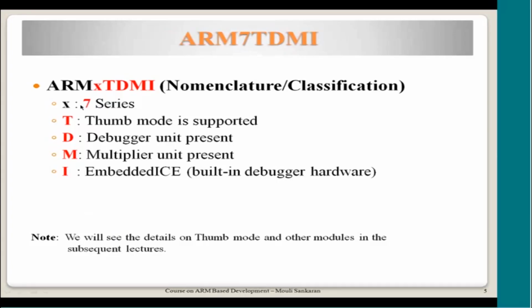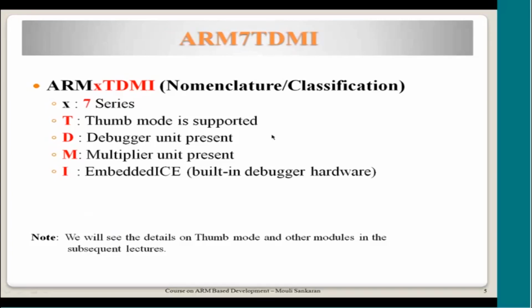7 is one series of instruction set architecture that ARM has come up with. ARM started with 1, and what we are studying now is the 7th series in the instruction set architecture of ARM. And T means that it supports Thumb mode. As I have mentioned briefly in the earlier discussion, Thumb mode is a 16-bit instruction mode.